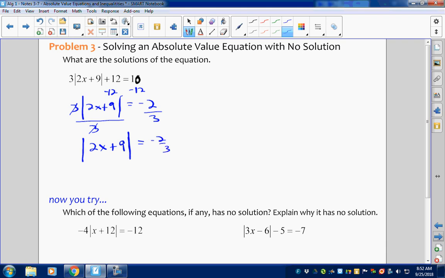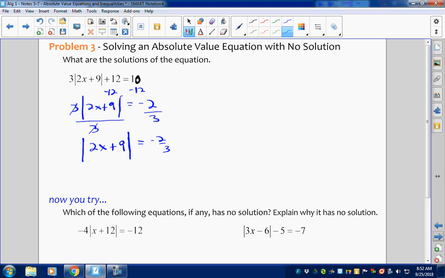Now, since absolute value means distance, what I'm asking here is, what value is negative 2/3 away from this particular center that we have here? And therein lies the problem. Our distance can't be negative.